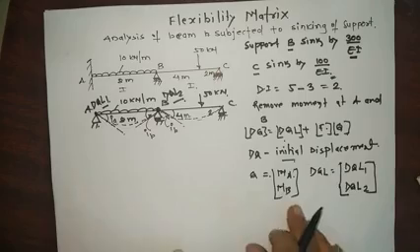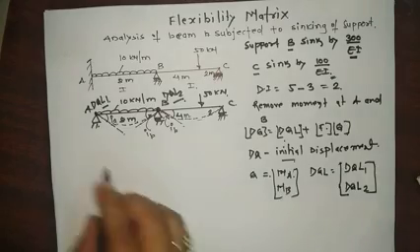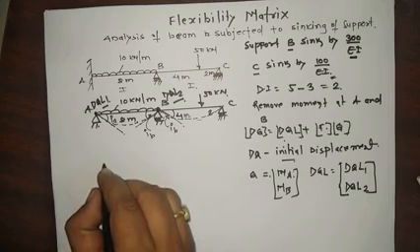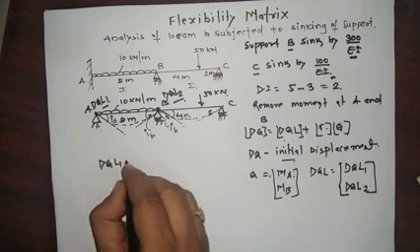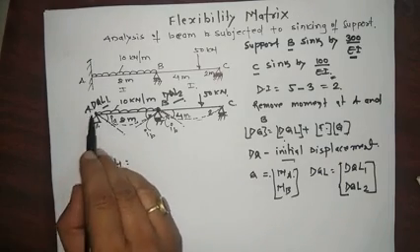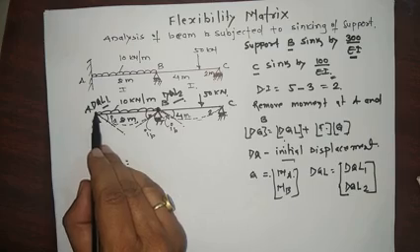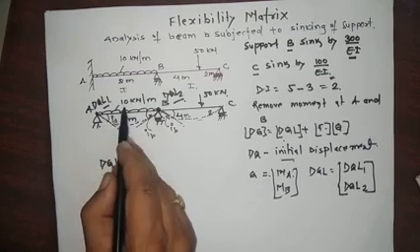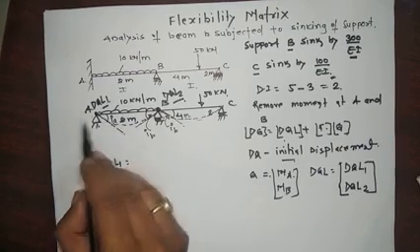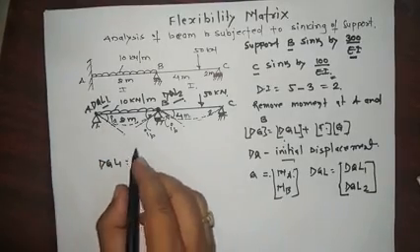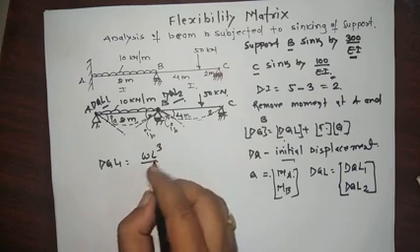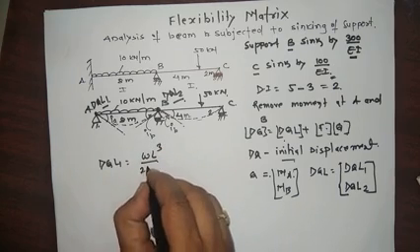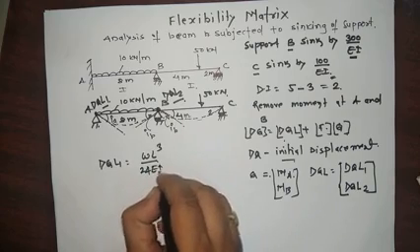Here DQL1 means we have to find the slope due to this external loading at 1. The standard formula is WL cube divided by 24 EI.